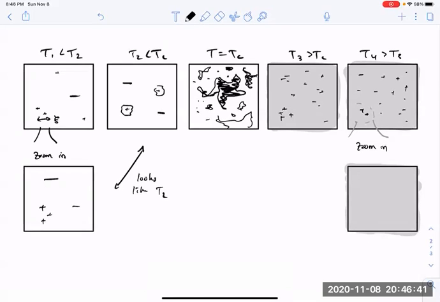However, those little domains that clump together some amount of spins up or some amount of spins down will grow. In fact, they will grow in such a way that it would look like a higher temperature.